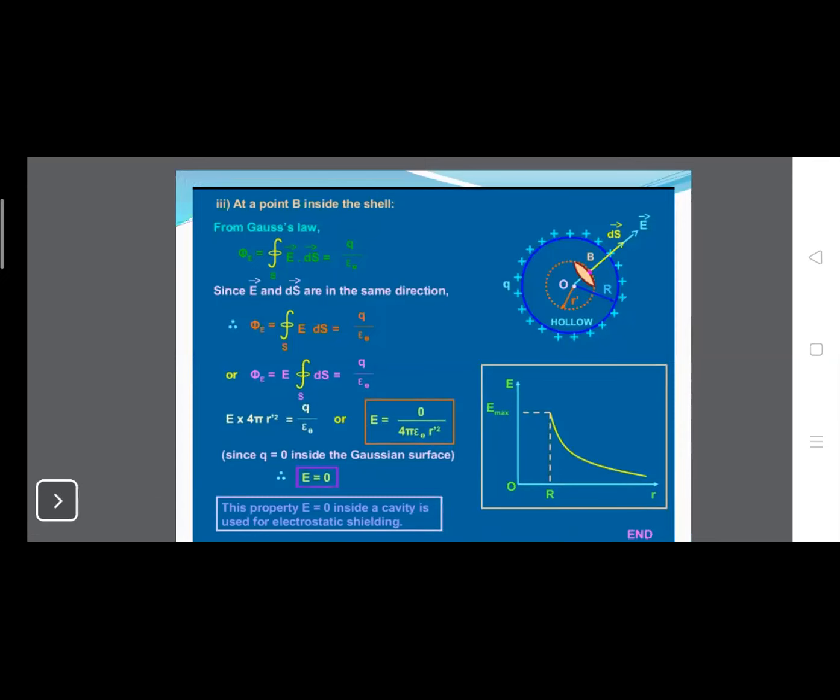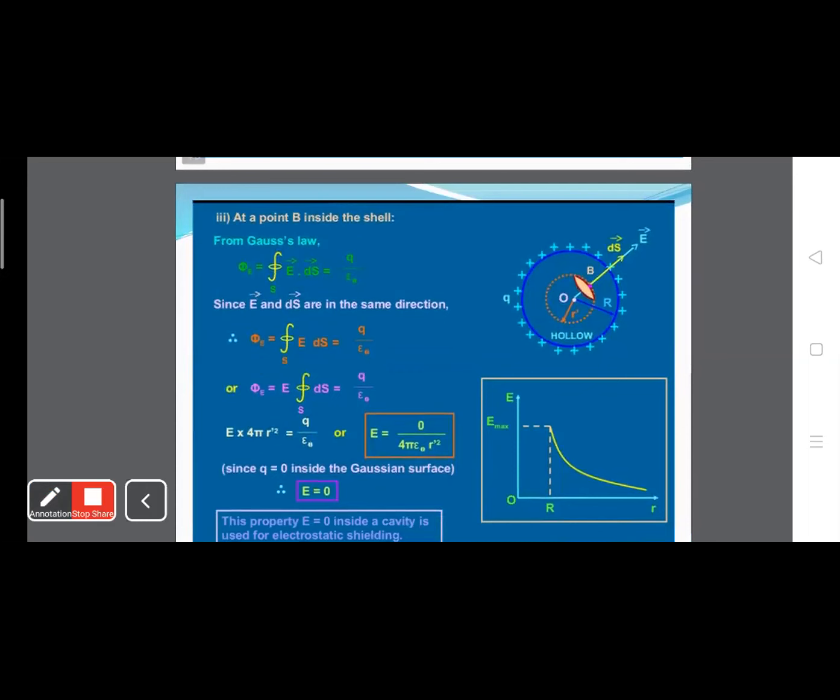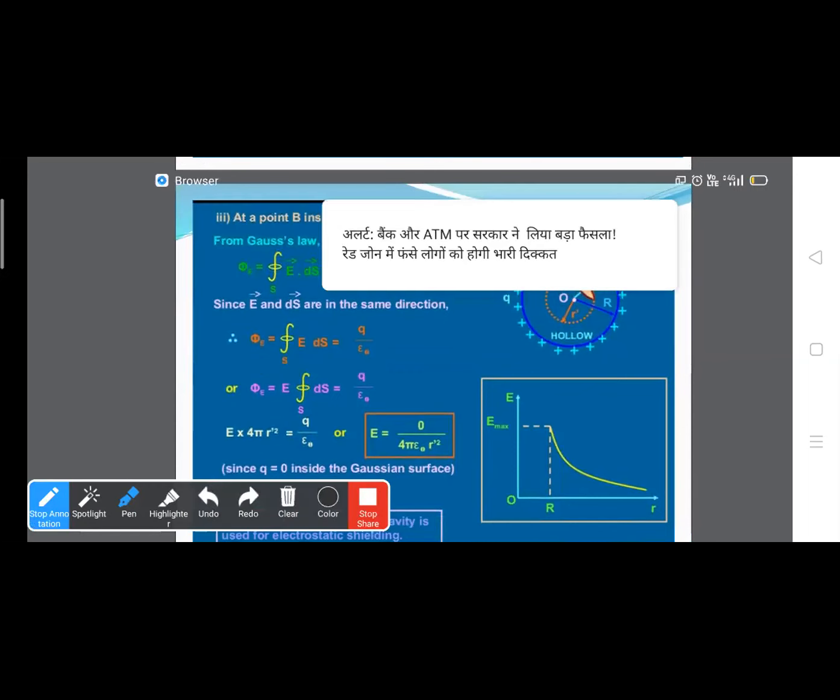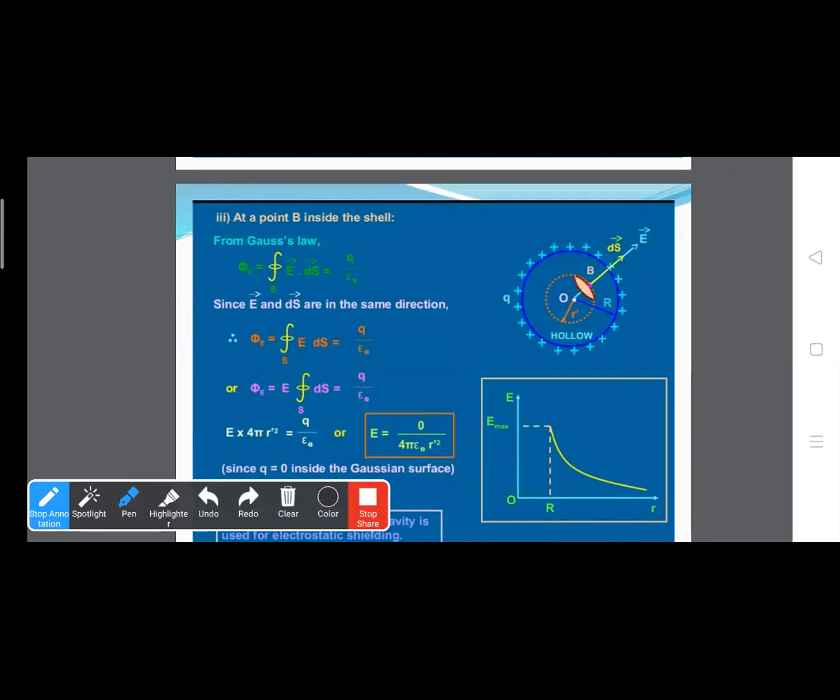Clear? Apply the Gauss theorem. E dS equals Q upon epsilon naught. E and dS are both in the same direction, so theta will be 0. So cos 0 is 1. Okay.